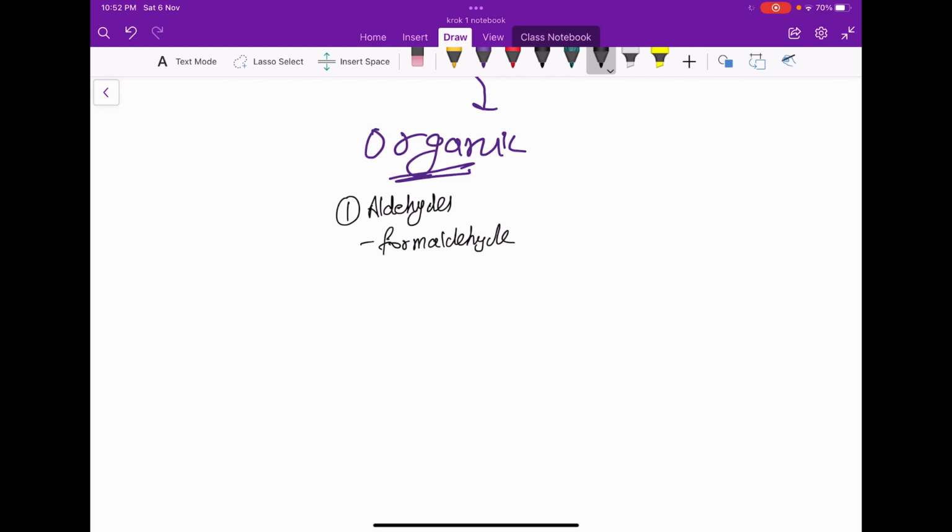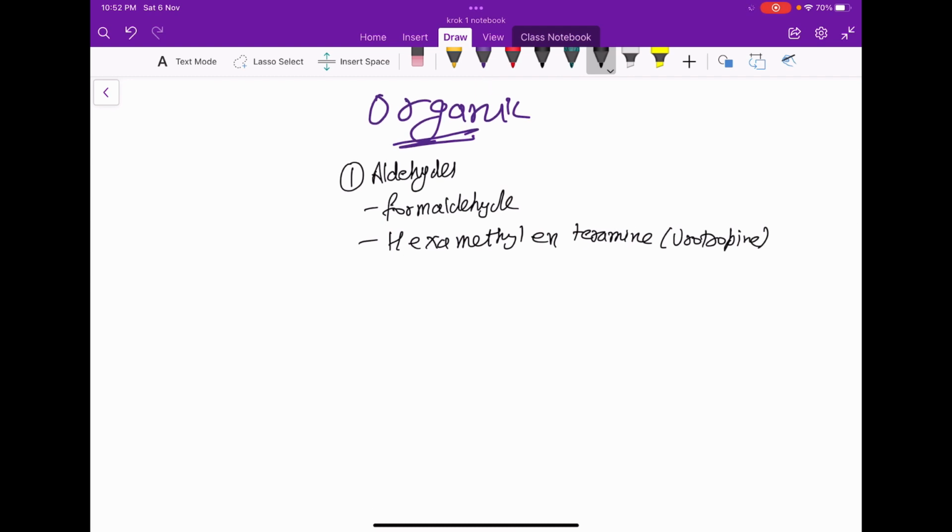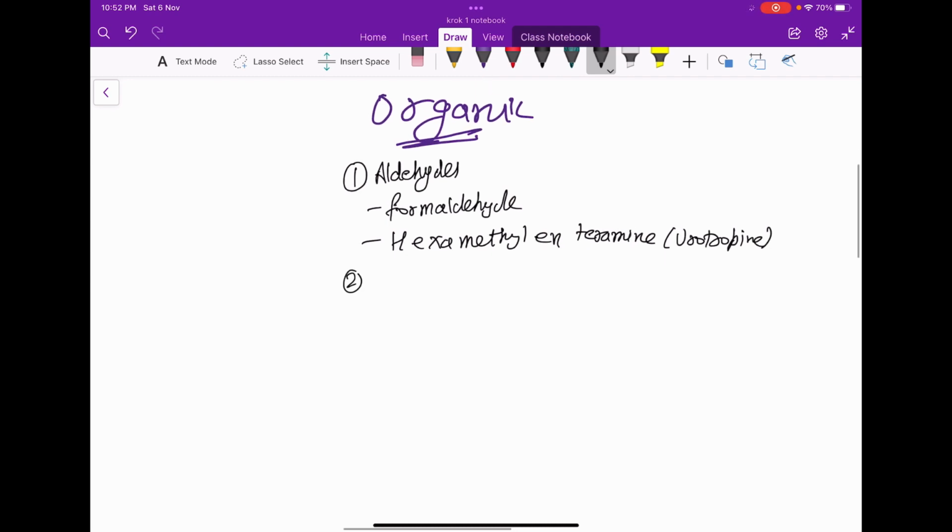Another one is hexamethylenetetramine, also known as urotropin. Another category is the alcohols. It consists of only one, ethyl alcohol.